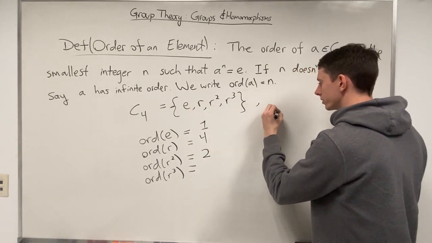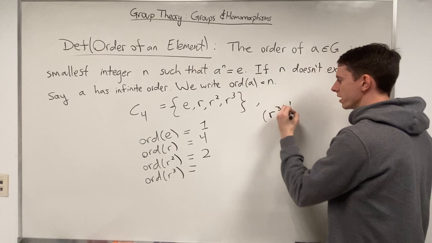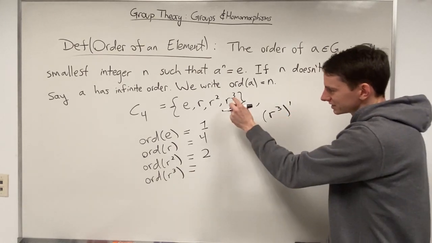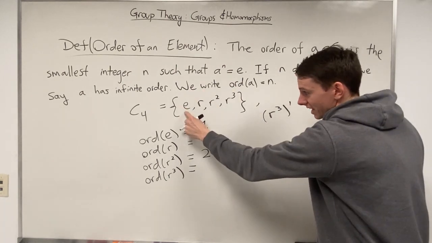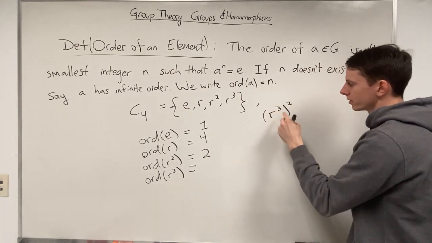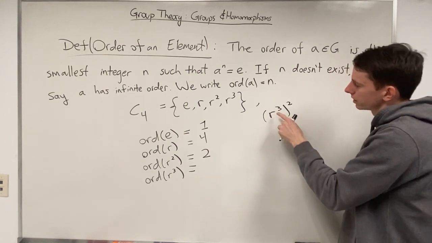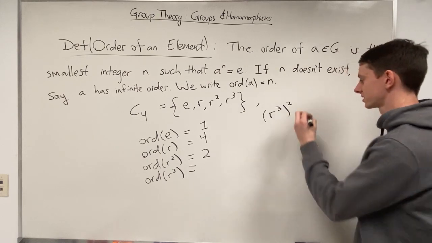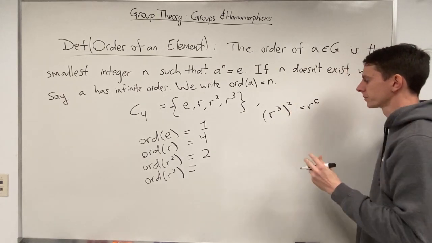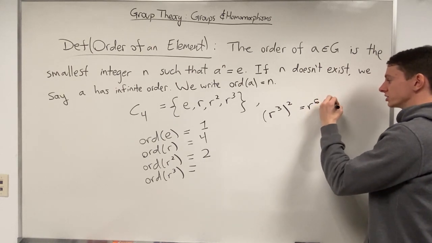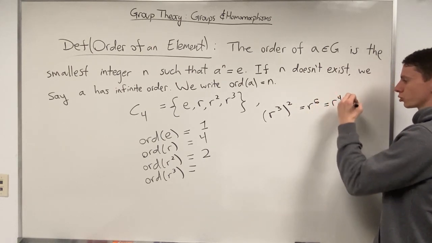So R cubed raised to the 1 is just R cubed, right? So that gets us to its element, but that is different than this identity right here. If we were to take R cubed and square it, that would get us to R to the 6th. If this is R to the 6th right here, we could rewrite R to the 6th as R to the 4th times R squared.